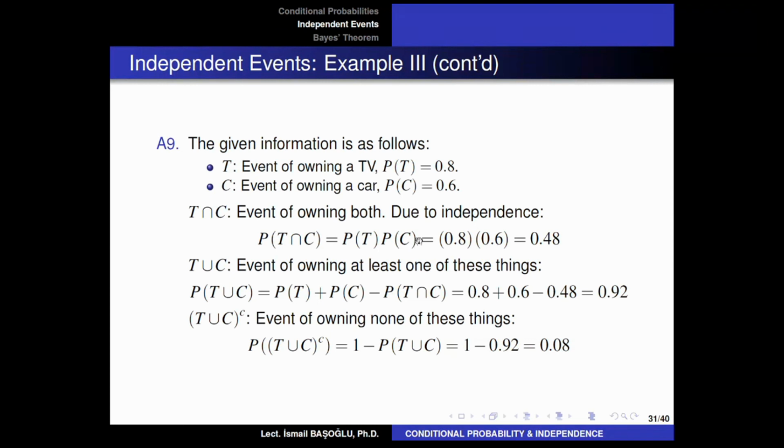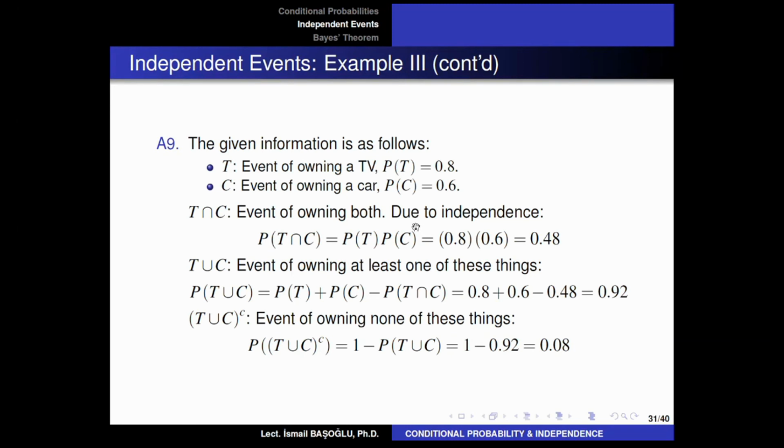Why? Because the question states that these two events are independent. If the question does not state anything about the independence, you cannot use this equation to calculate the intersection probability. This equation can only be used if two events are independent. If it was a general equation, then we would have used this before.